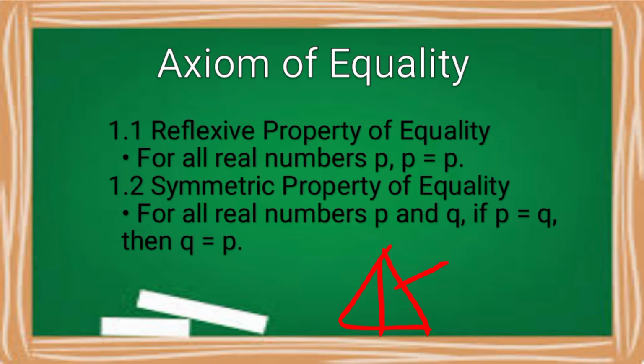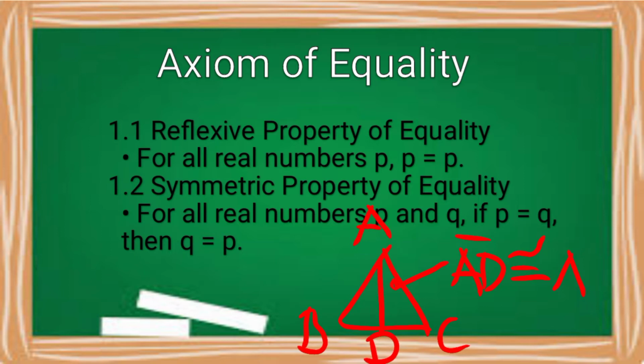So here, this is angle A, B, C, D. The segment AD is congruent to AD. It's the same. It's the reflexive property of equality.